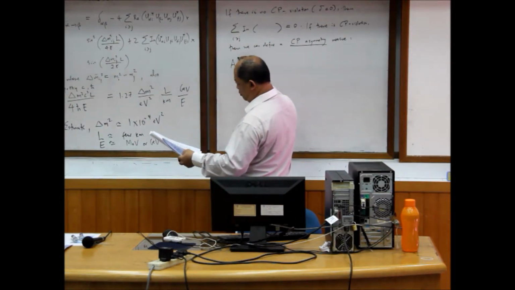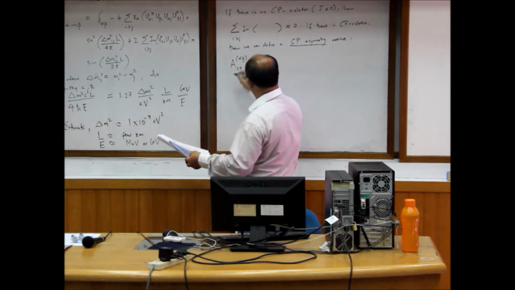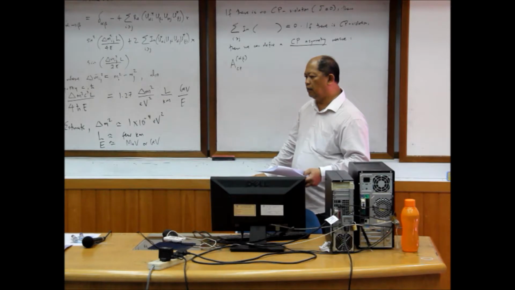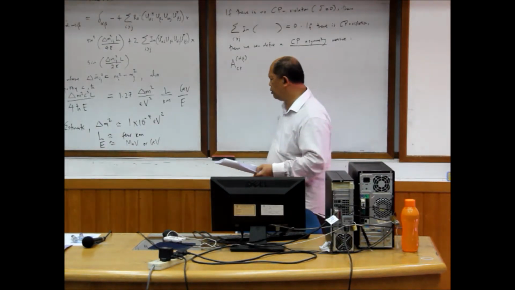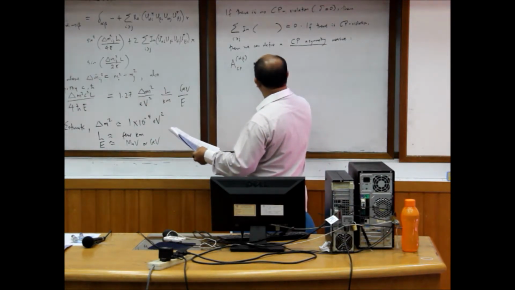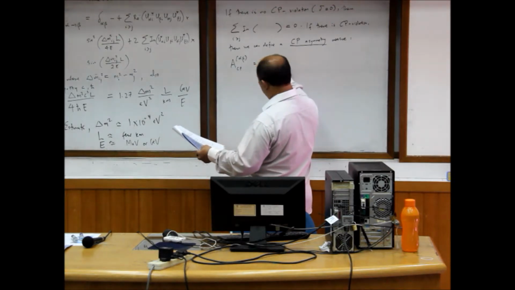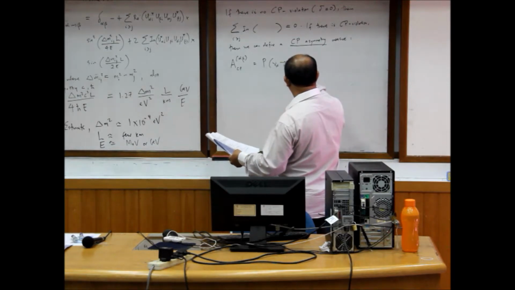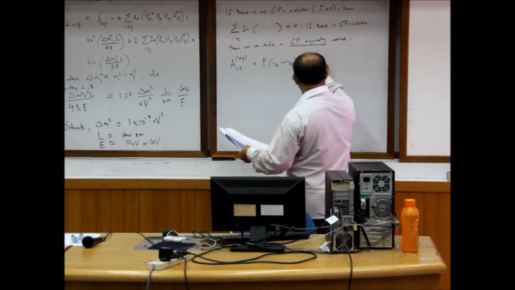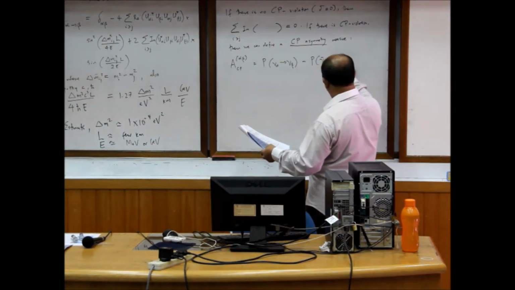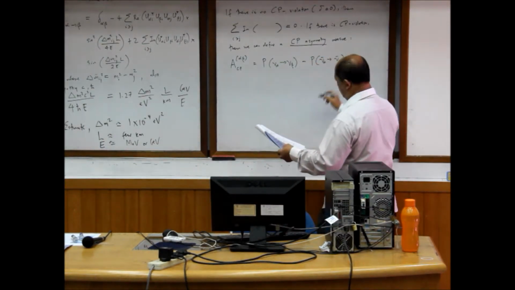A CP alpha beta is just for the two flavors, say muon to tau, or electron to muon, or electron to tau. So this is equal to the probability of neutrino alpha becoming neutrino beta minus the probability of antineutrino alpha changing into antineutrino beta.